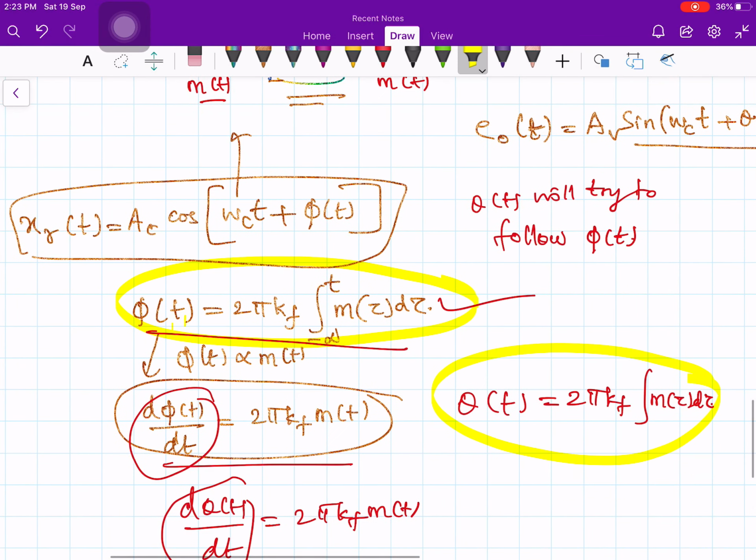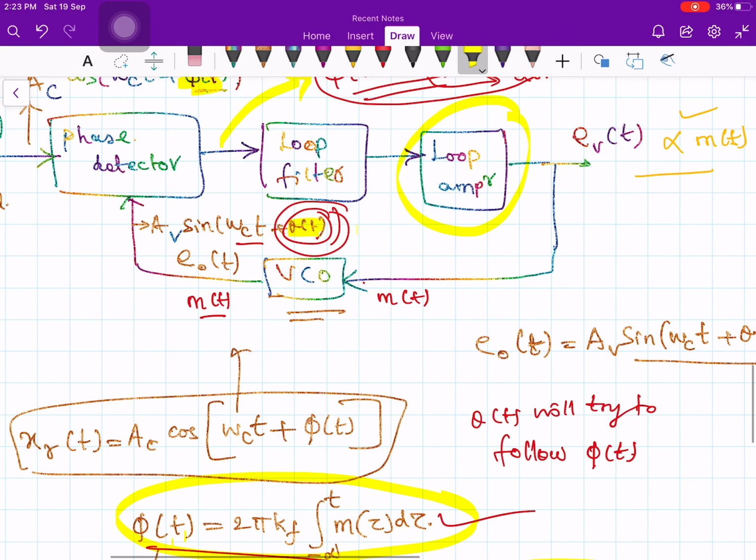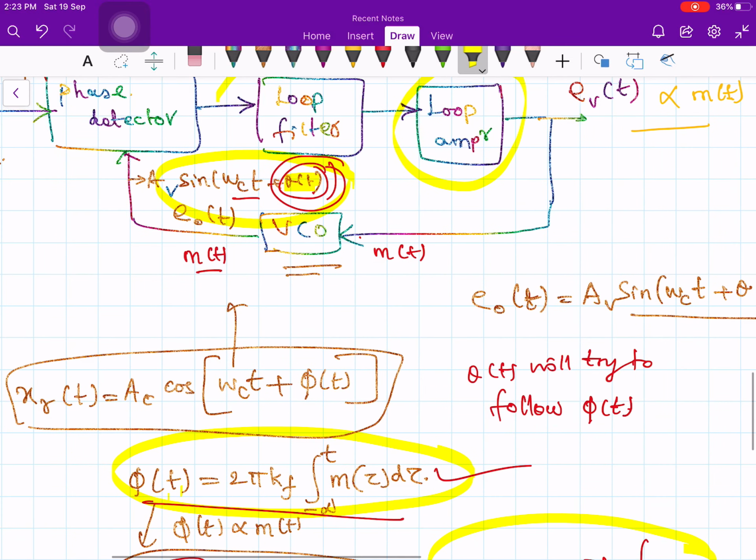Now the output of your voltage controlled oscillator depends on the input voltage. What is the output of your voltage controlled oscillator? Av times sine omega ct plus theta of t. Therefore the output theta of t depends on the input. What is theta of t? It's a message signal.